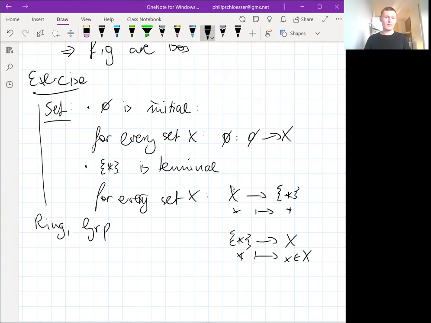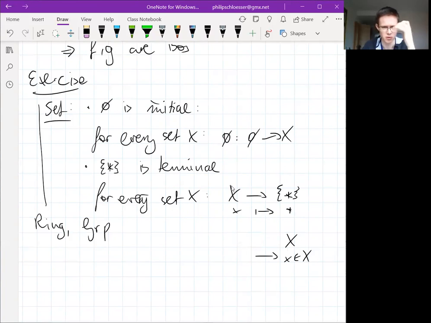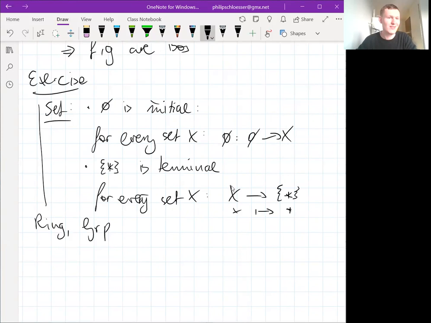Well, if you have two objects that are terminal, then they are canonically isomorphic, yes. But I don't know. Well, I guess if things are isomorphic, then they are also both initial when one of them is. So the zero ring isn't initial, correct?